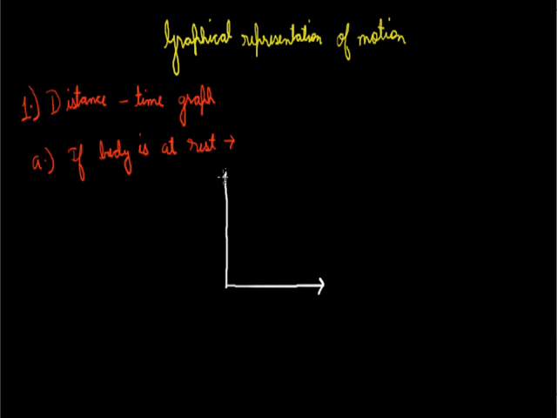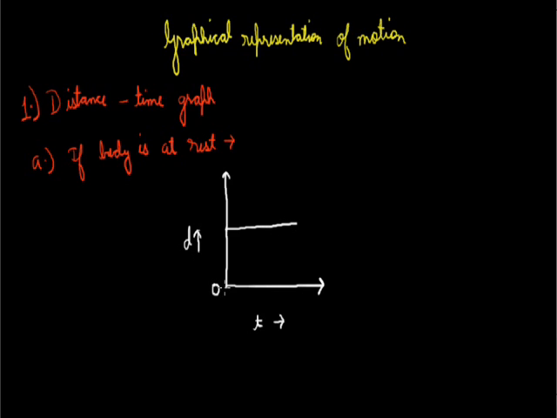In the distance time graph, the x-axis represents the time, that is t, and the y-axis represents the distance, that is d. In the first case we consider that the body is at rest. It is not moving, so we will get a line parallel to the time axis.